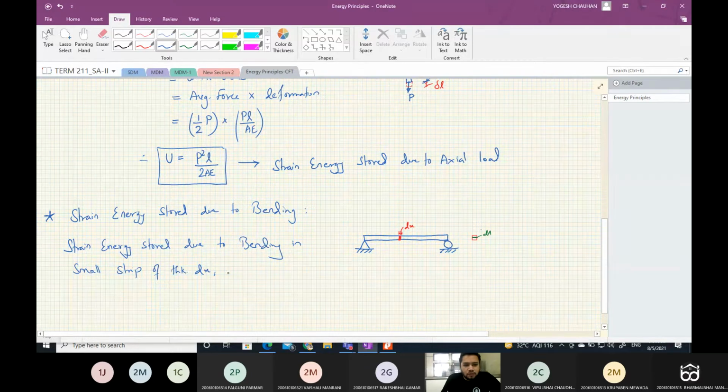So let this be dU. So the strain energy stored within this small elemental strip be dU.